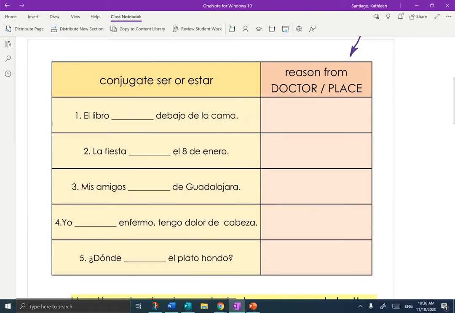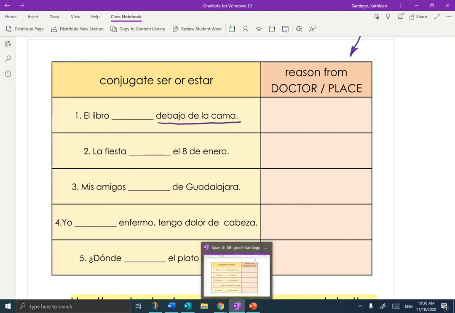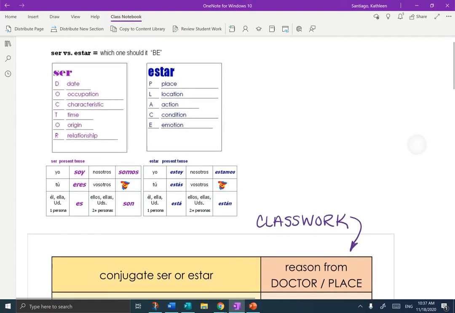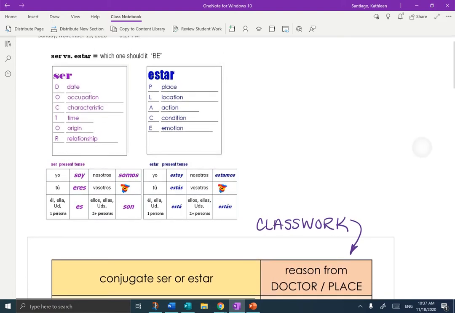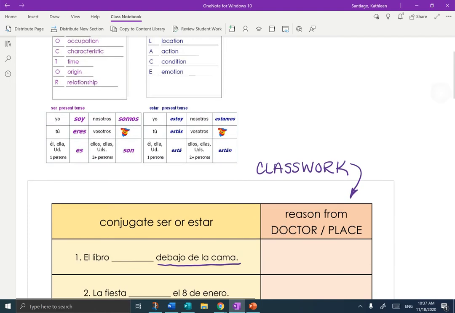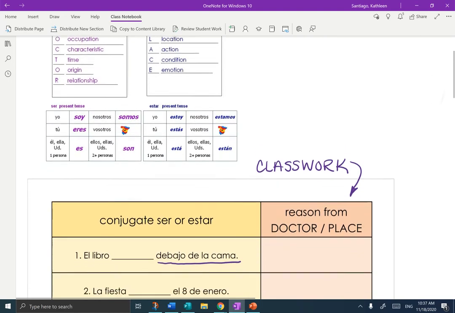Okay, so backwards thinking. El libro blank debajo de la cama. So I need to understand, what does debajo de la cama mean? Think back to prepositions of location. Debajo de la cama, so underneath the bed. Now that I know it's underneath the bed, which word from DOCTOR and PLACE does that match? Is it date, occupation, characteristic, time, origin, relationship, place, location, action, condition, or emotion? Well, underneath the bed is actually a position.